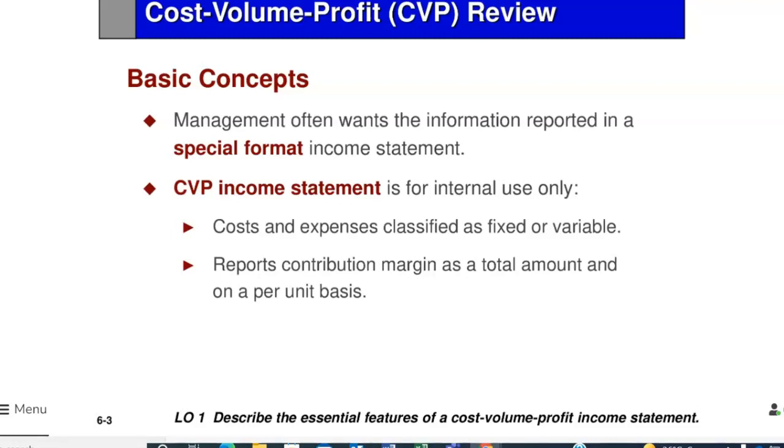Now, those expenses we now call costs, and we analyze those costs and categorize them into which costs are fixed and which costs are variable. Then we reformat the income statement. We don't change the revenue, of course, but we change the listing of the expenses into those that are variable expenses and those that are fixed, and we introduce a new concept called the contribution margin.